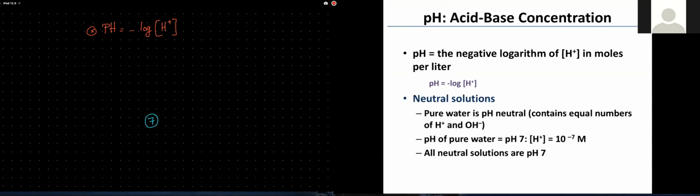So when we say pH is 7, this means what? This means it's neutral. And the only thing that we know that is neutral is going to be water.